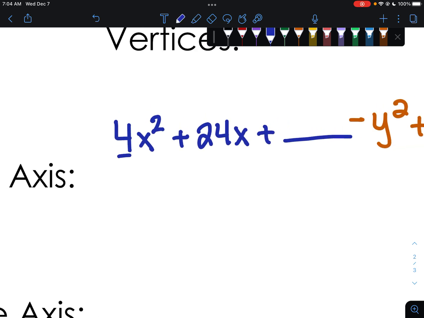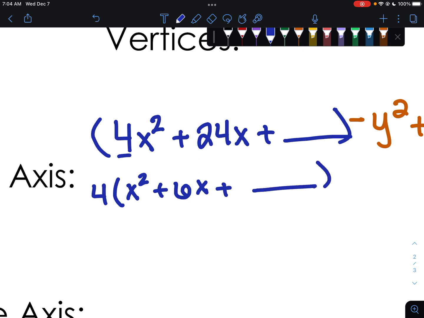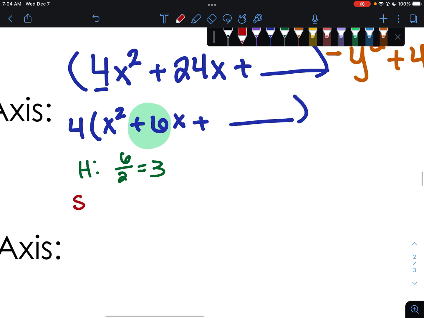So we see this has a GCF. So we're going to factor that GCF out, which is x squared plus 6x plus space. We take half, so half of 6 is 3. Then we square 3, which is 9, so a 9 goes here.